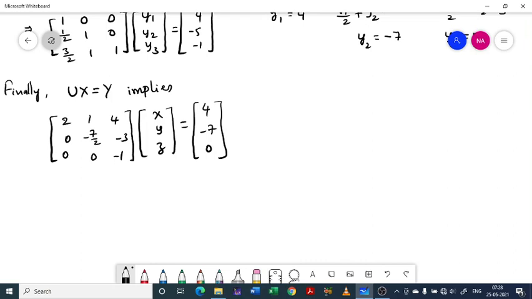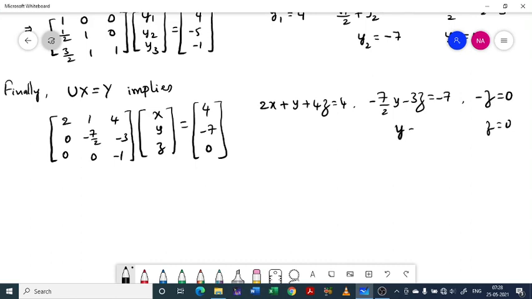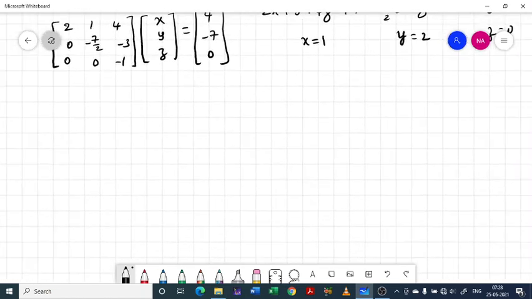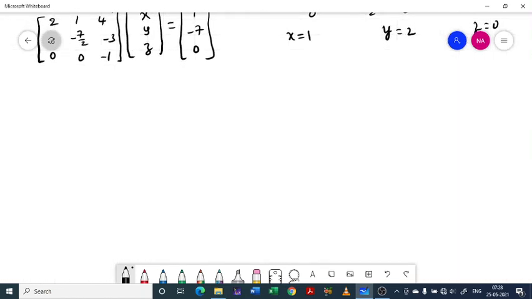So finally we get 2x plus y plus 4z equal to 4, minus 7 by 2y minus 3z equal to minus 7, minus z equal to 0. So z is 0. You get y equal to 2 and x equal to 1. So we got the solution of the equation. So this completes the solution of problem D. The required solution is 1, 2, 0.